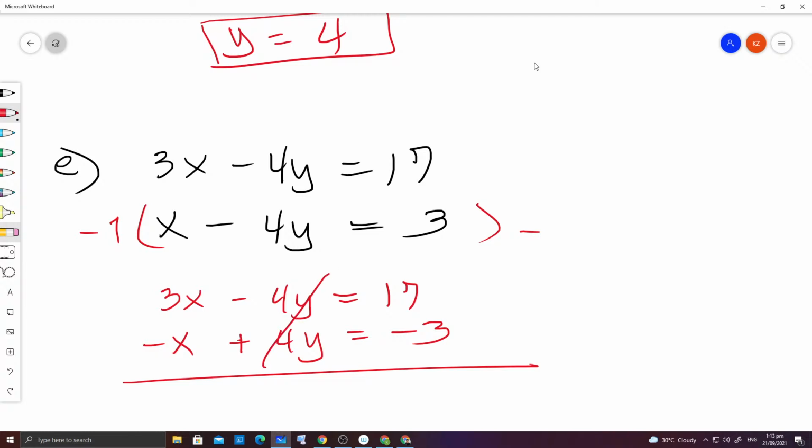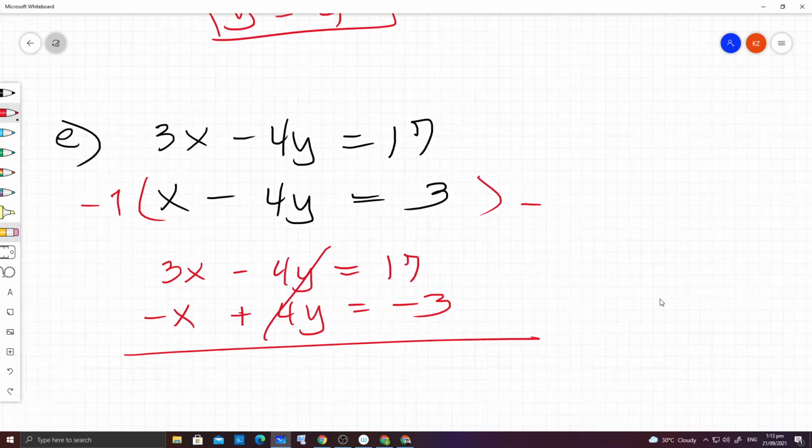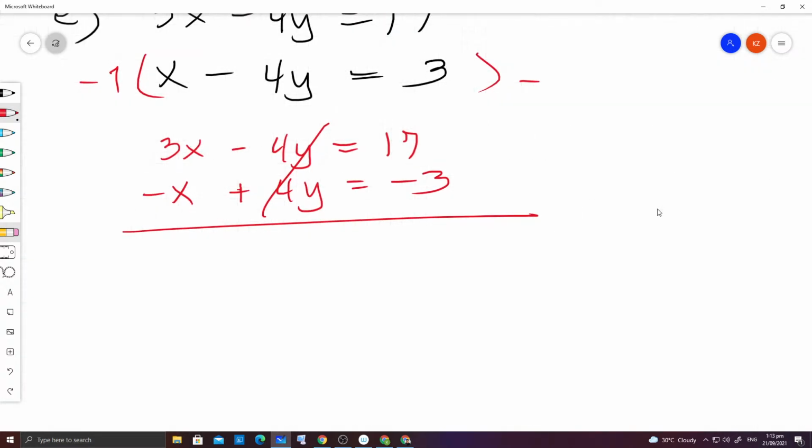Then cancel. So we have 2x equals 17 minus 3 is 14, over 2 both sides. x is equal to 7.